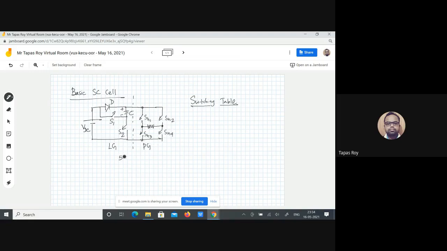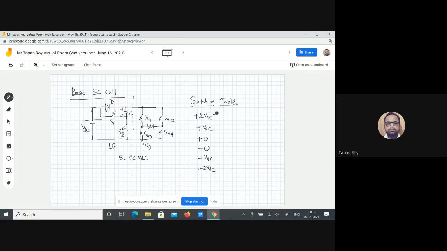So this is actually a 5 level SCMLI, because the highest voltage is 2 VDC. The different voltage levels are plus 2 VDC, plus VDC, plus 0, where 0 means positive half cycle 0, and minus 0, minus VDC, and minus 2 VDC.